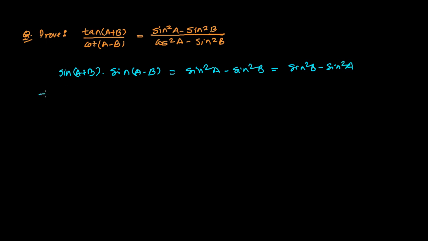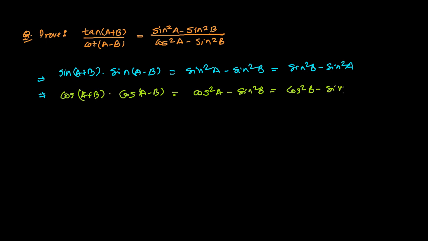And one more thing we had learned: if we have cos(a+b) times cos(a−b), it is equal to cos²a − sin²b, or we can write cos²b − sin²a.